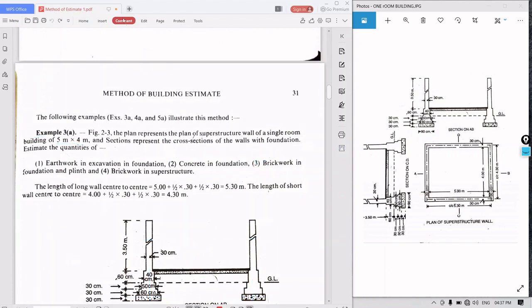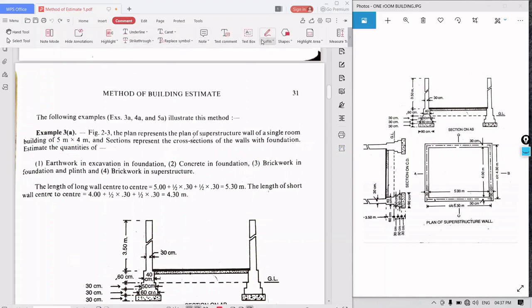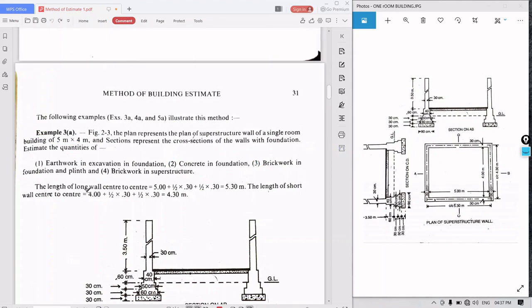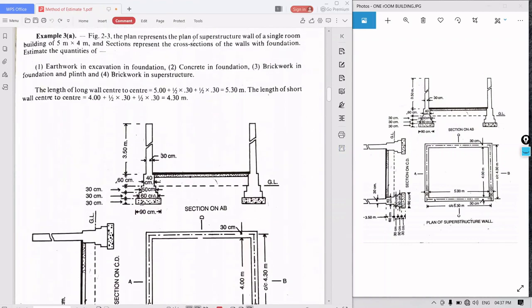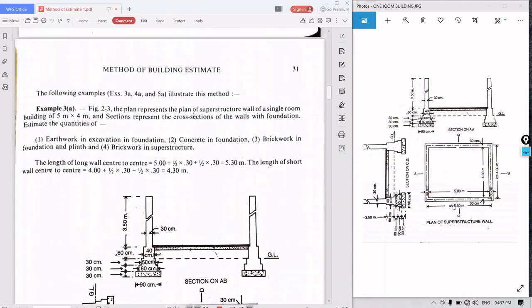Then what we need to do? See the length of long walls. Long wall means this one.